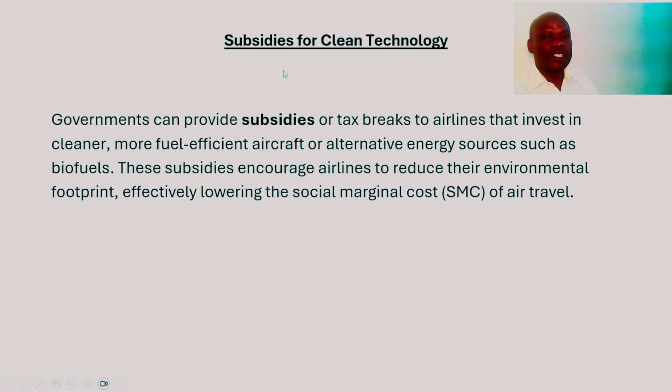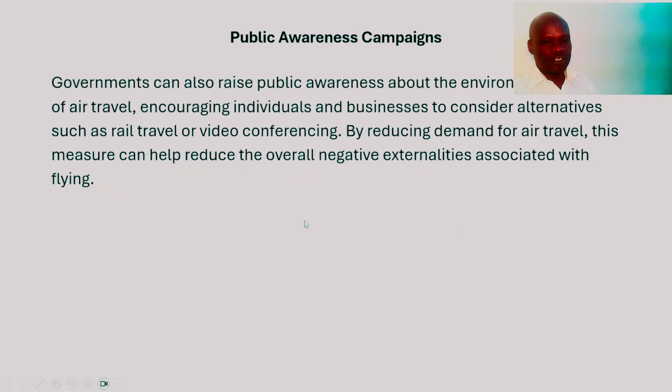Then we have subsidies for clean technology. Again, there's a way in which we can see government's intervention. So governments can provide subsidies or tax breaks to airlines that invest in cleaner, more fuel-efficient aircraft or alternative energy sources such as biofuels. These subsidies encourage airlines to reduce their environmental footprint, effectively lowering the social marginal cost of air travel.